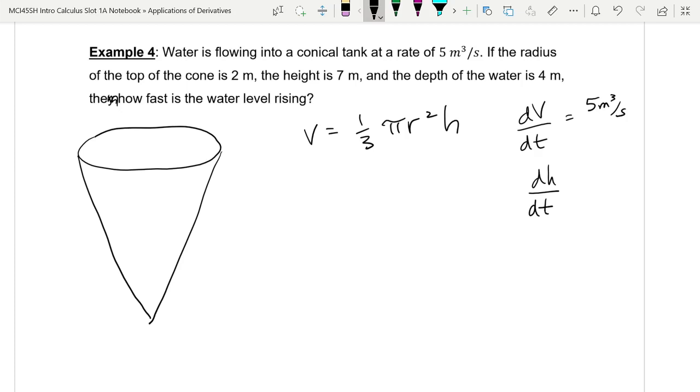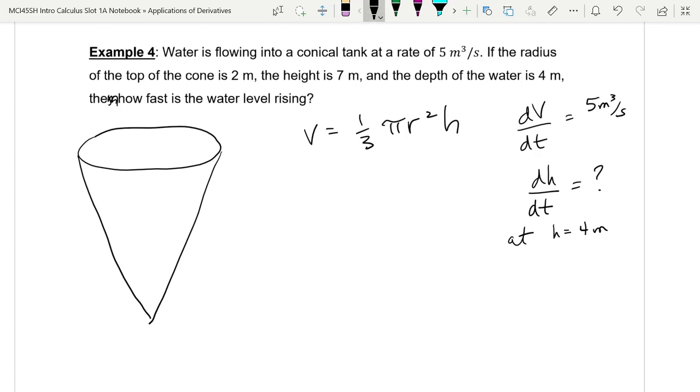So I want this at the point where the depth of the water is 4 meters. So the height is 4 meters.